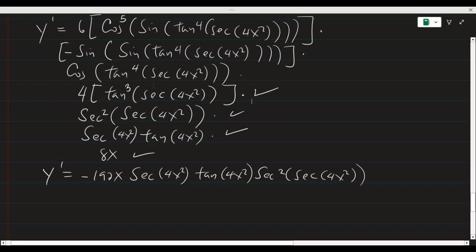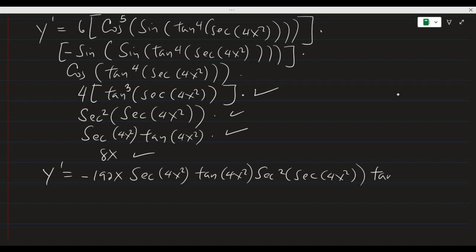We need only copy this tangent cubed of secant 4x squared, because we have already included this 4 into the negative 192x.